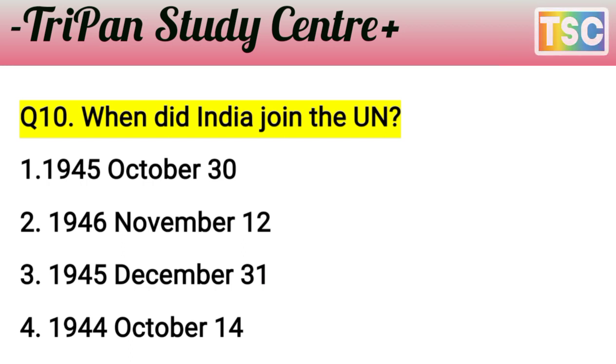The question is clear. You know that the options are already clear. 1945 October 30. Second is 1945 November 12. Third is 1945 December 31. And fourth, 1944 October 14. You know that the options are very near here. But two options are very different, 1946 and 1944.